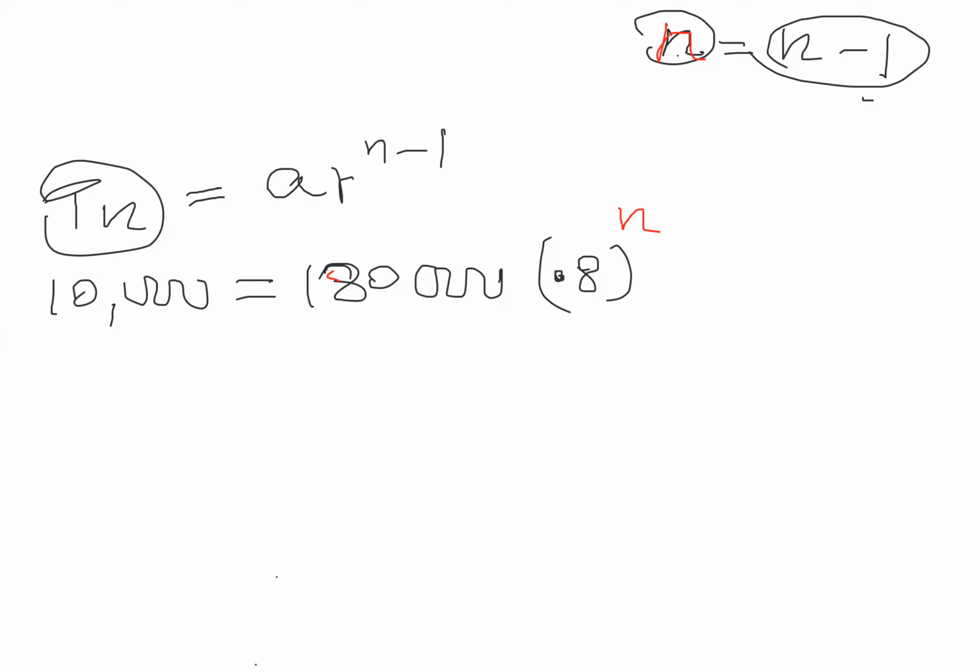When you simplify, you can very easily see that we can keep only 0.8 to the power n, and when we move to the other side, we need to divide 10,000 by 180,000. So just calculate that division.